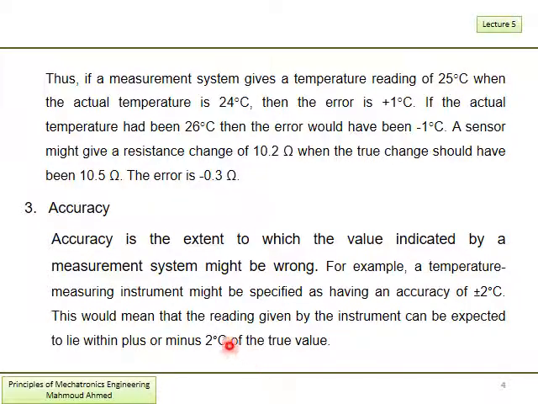Let's have an example for the error definition. If the measurement system gives a temperature of 25 Celsius and the actual temperature is 24, so the error in this case is 25 minus 24 and equal to plus 1.